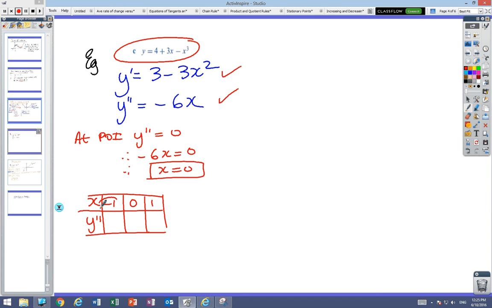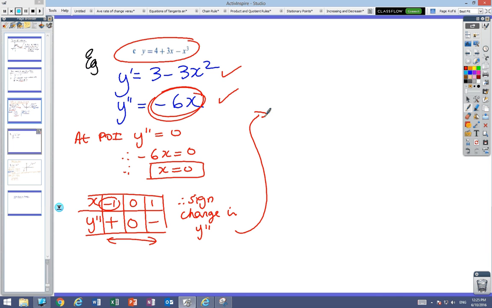So when I put in minus 1 into minus 6x, I get a positive number. And then when I put positive 1, I get a negative number. So I have a sign change in y double dash. So that means that there is a POI at x equals 0.